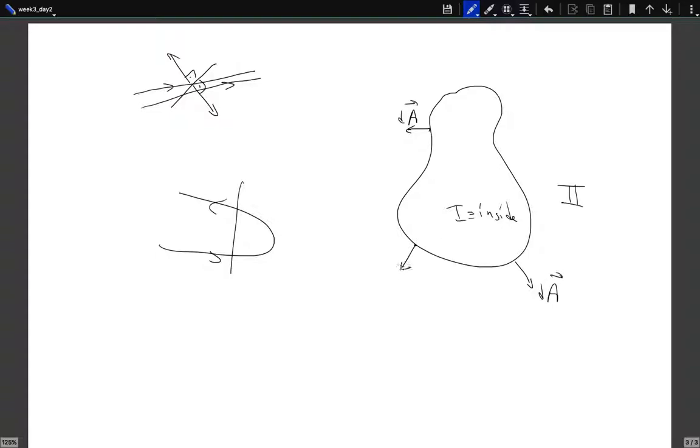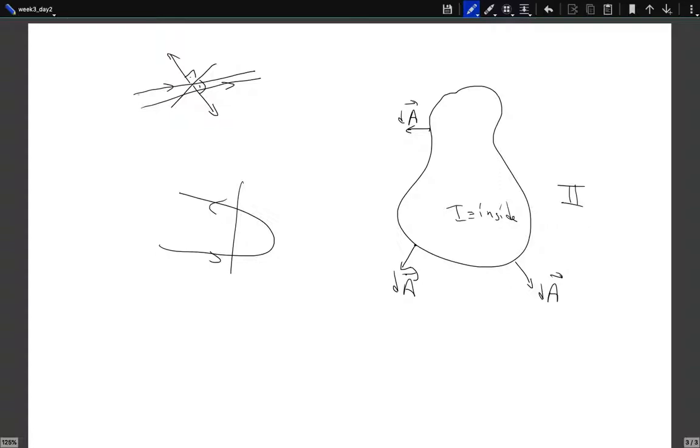It will be perpendicular to my surface, and also it will be pointing from inside to outside. So it's just a choice, or a definition, let's say. Just like which direction should we choose the area vector? Up to you. You can choose whichever one you like. But once you choose the direction of that area vector, that vector points from inside to outside, always.